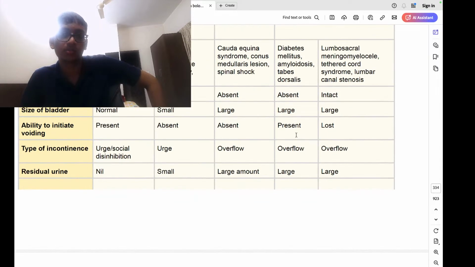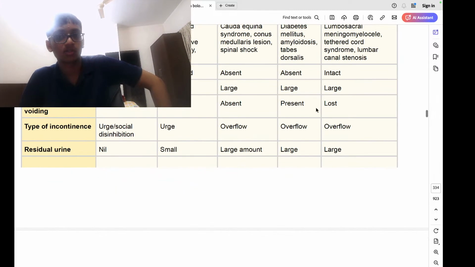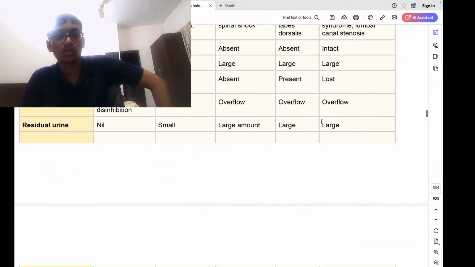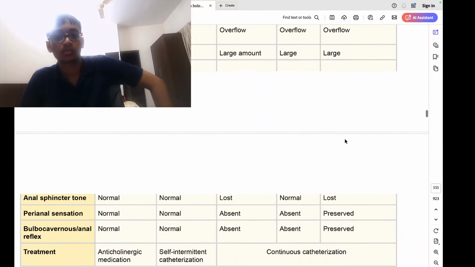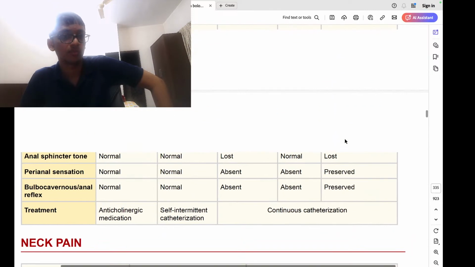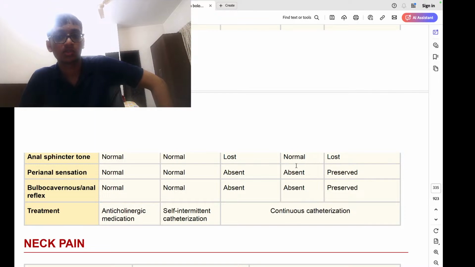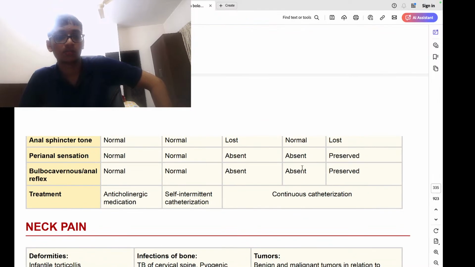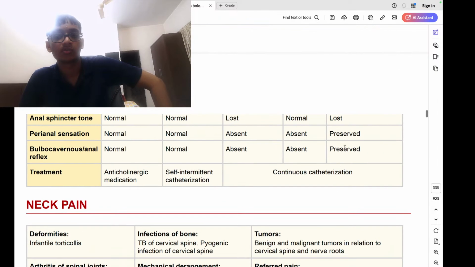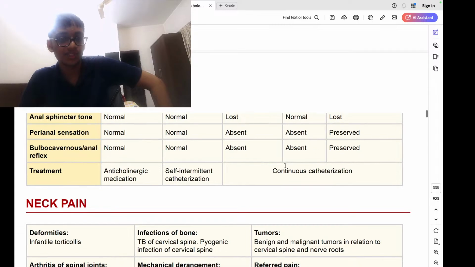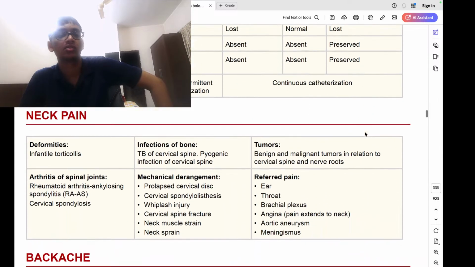Ability to initiate voiding is present in sensory, however it is lost in motor. Type of incontinence is overflow incontinence, and residual urine is large in both of them. Anal sphincter tone is normal in sensory, however it is lost in motor. Perianal sensation and the reflex are lost in sensory, preserved in motor. Treatment is again continuous catheterization in both of them.